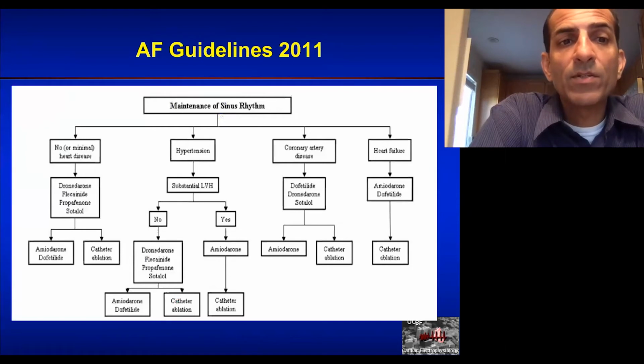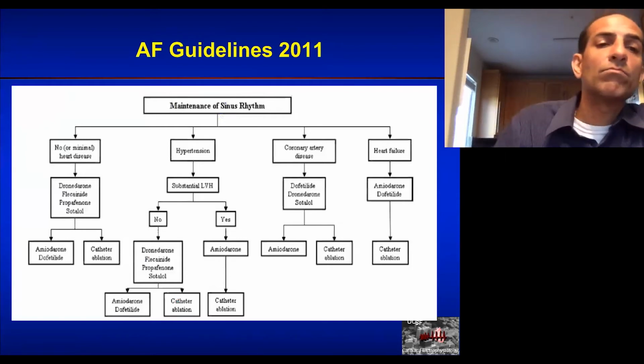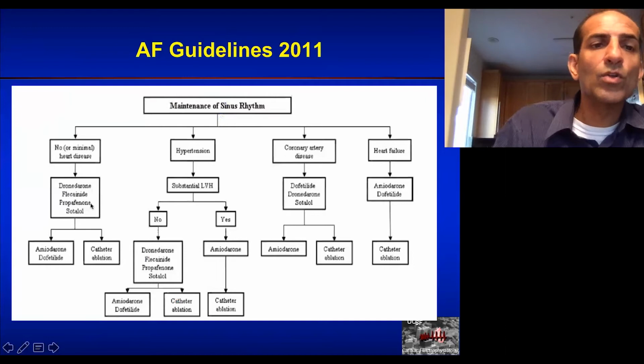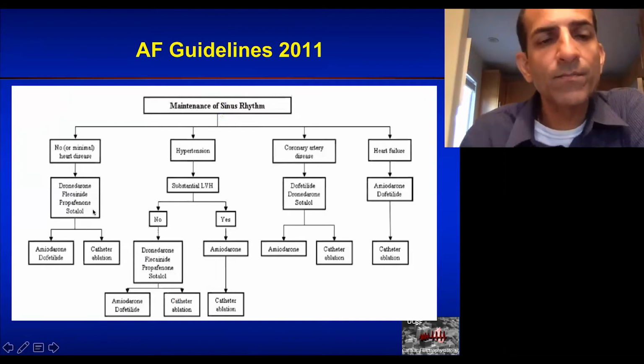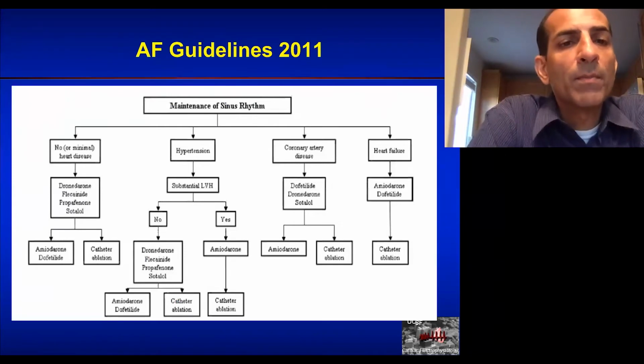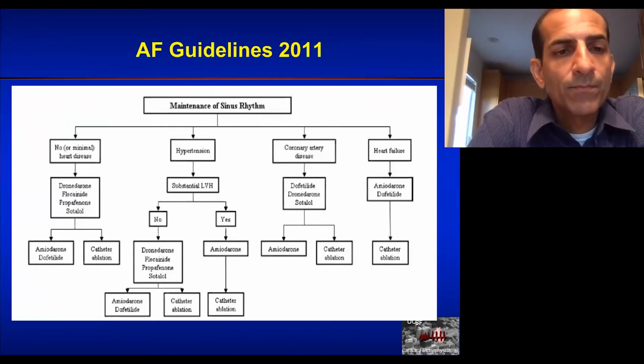So in these patients, you can use almost any of these drugs. Usually we start off with drugs like dronedarone or Multaq, flecainide, propafenone, and sotalol. You could use any of these as first-line drugs. These are easier to use. You don't need to put the patient in the hospital for these drugs.